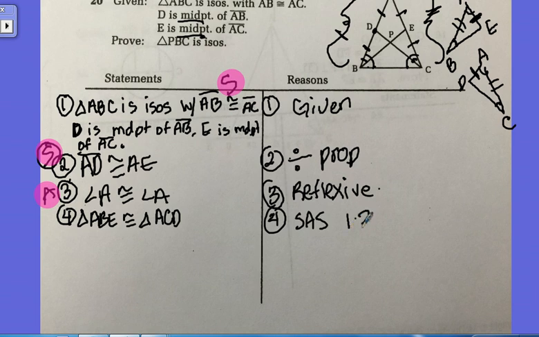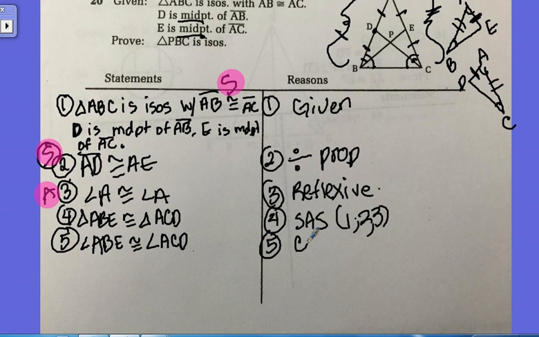1, 2, 3. All right, and after that, we used CPCTC to say that angle ABE is congruent to angle ACD. And then, after that, I say then a lot, don't I? I'm also going to go back and grab this information about this isosceles triangle to get these base angles of the big isosceles triangle.